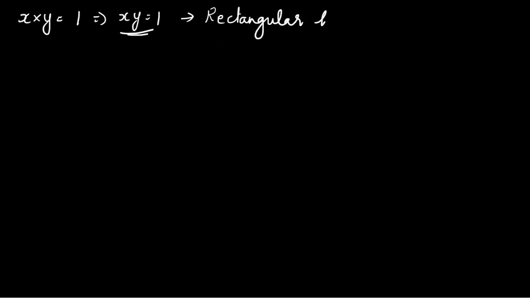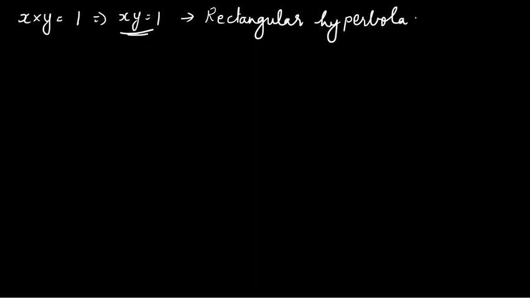So if I multiply x into y, I get 1. So xy is equal to 1. So this equation is similar to a rectangular hyperbola. So it forms a rectangular hyperbola in the x and y plane.